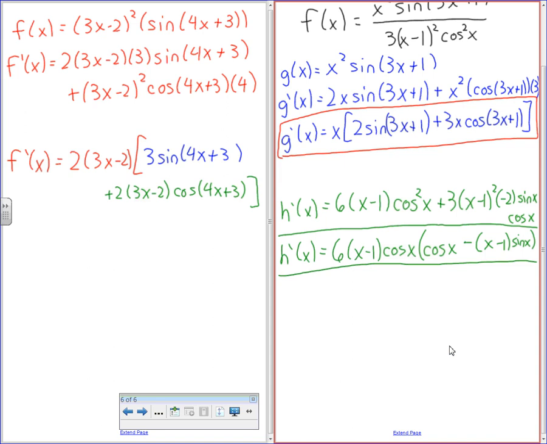But the idea was, this shows how the chain rule worked and how the product rule worked. Now I'll do an easy quotient rule, then we'll move on to Amy's questions from the homework. So here's an easy quotient rule question.